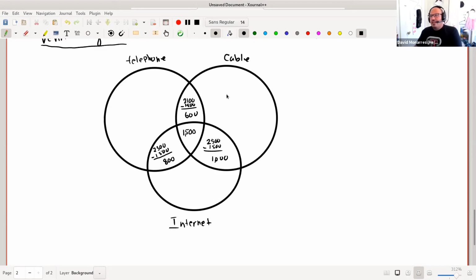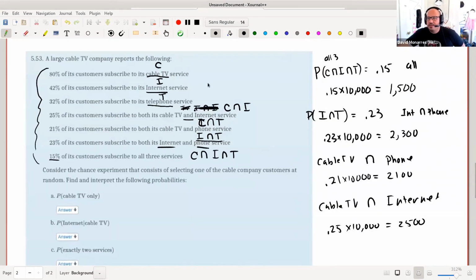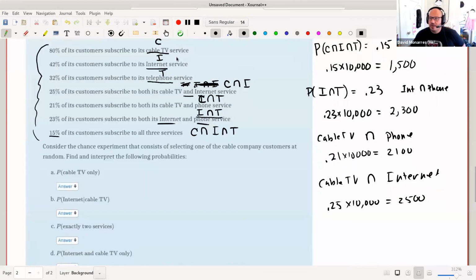Now, all that's left to fill out is the overall telephone users, right? And the overall cable users who don't mess with all the other services, just the people who only use one of those others. Well, that's what this last piece of information is going to help us figure out.